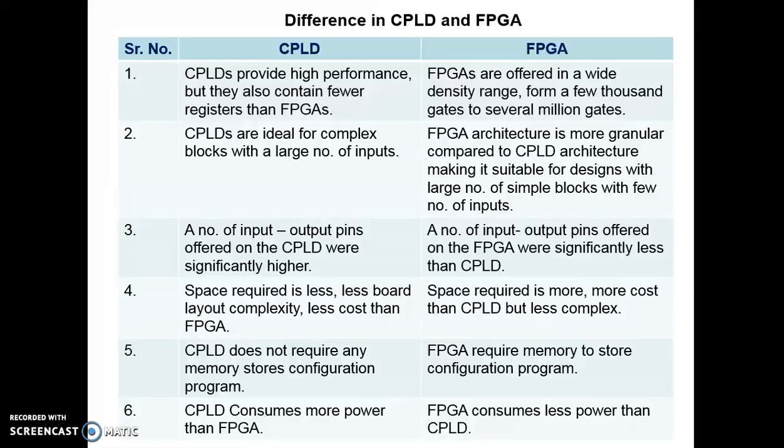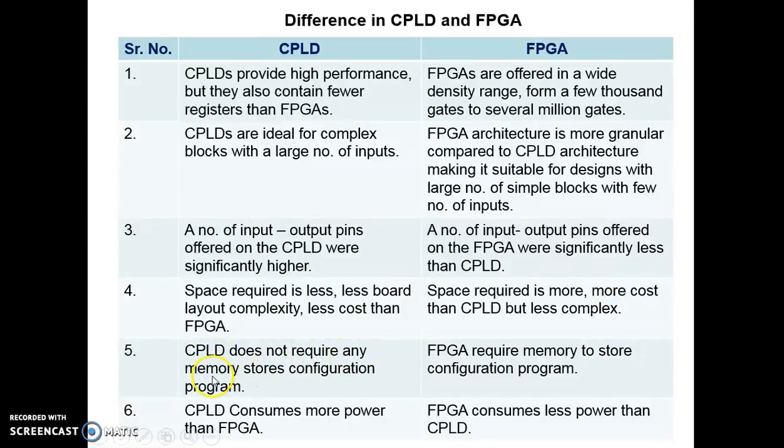The number of input-output pins offered on the CPLD is significantly higher. The number of input-output pins offered on the FPGA is significantly less than CPLD. For CPLD, space required is less, board layout complexity is less, and cost is less than FPGA. For FPGA, space required is more and cost is more than CPLD, but it is less complex.